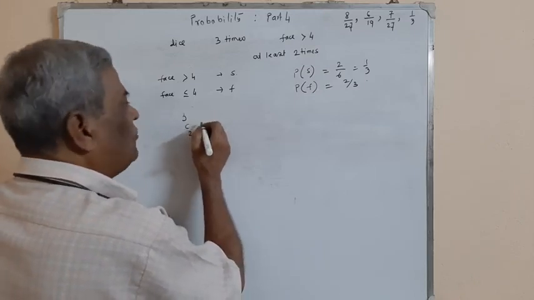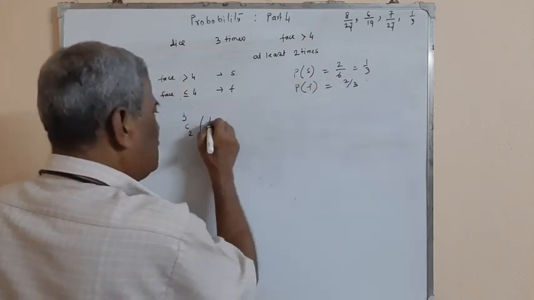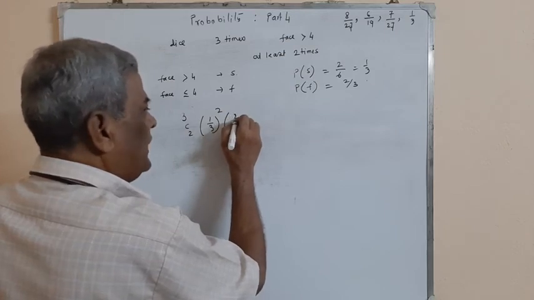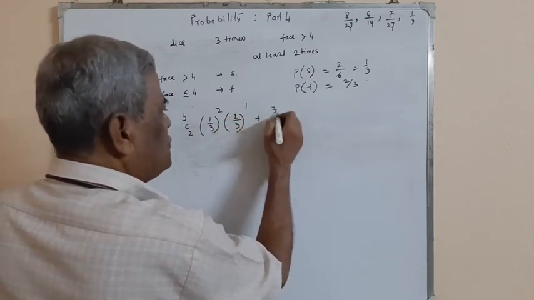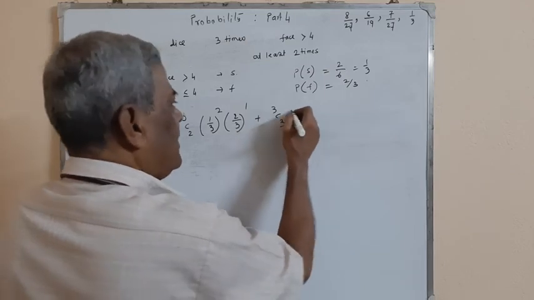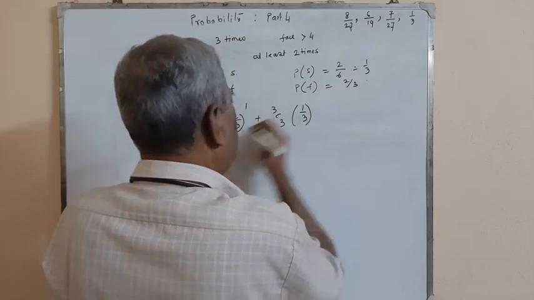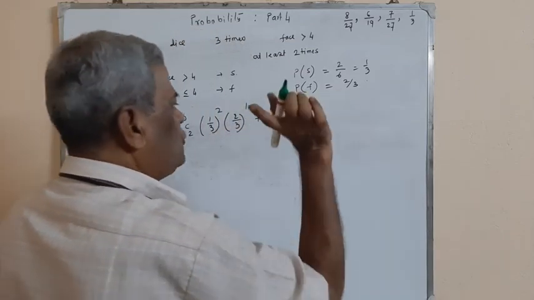So probability of success is our 1 by 3 to the power 2 into 2 by 3 to the power 1 plus 3C3, 1 by 3 to the power 3. And this to the power 0 is 1.